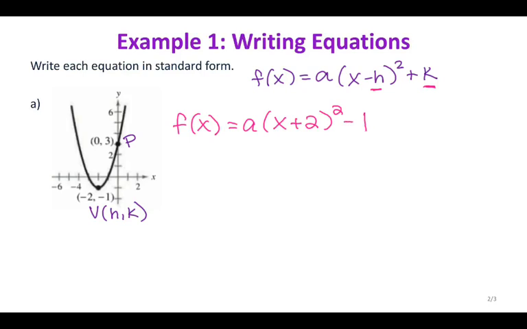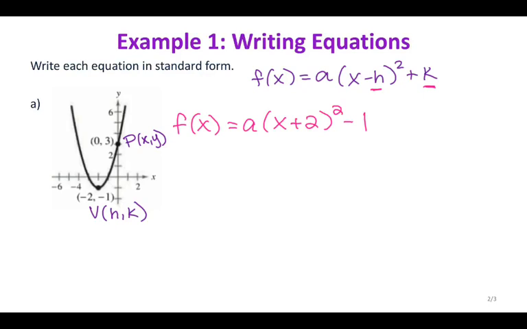Alright, so now I've replaced my h and my k. Well, if I want to write the function, I also need to figure out what this a is. And right now, I have no idea what it is. But if you look at your graph, you're also given this point. Now this point is going to help you solve for a. Anytime you're looking at points, a regular point, its ordered pair is x, comma, y.